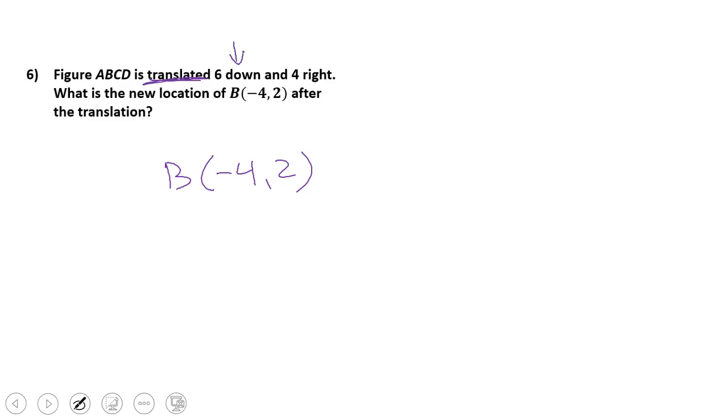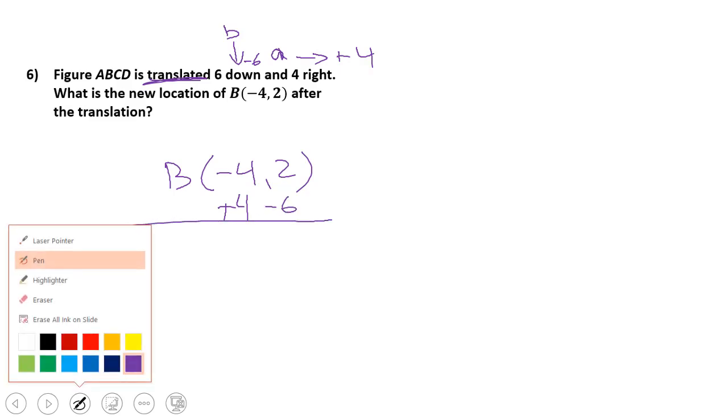6 down means, down is always the B, so we're going to go down 6. And this says 4 to the right, so we're going right, which means adding to the x because this is the A number. And how much are we adding? 4. So it's so important to know that, so I put them in the right spot. So adding 4 to the x coordinate and subtracting 6 from the y coordinate.